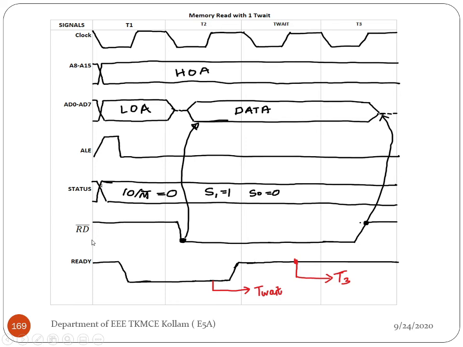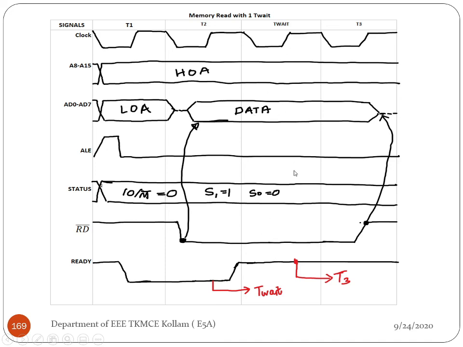If the device is not ready, it will return a low ready signal. Here we can see a low ready signal coming from T1 onwards. So during T2, the MPU will check the status of the ready signal, whether it is low or high. When it is low, it will enter a wait state. During the wait state, whatever condition was available in T2 is retained.